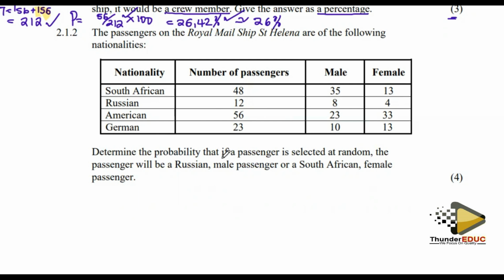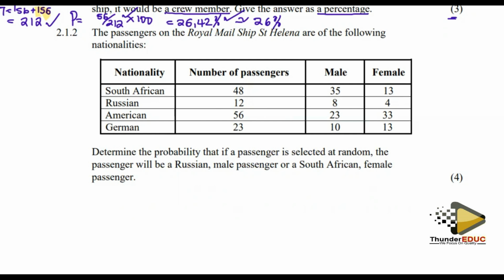Determine the probability that if a passenger is selected at random, the passenger will be a Russian male passenger or South African female passenger.